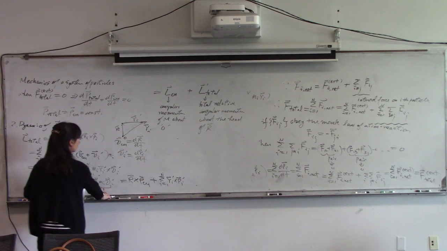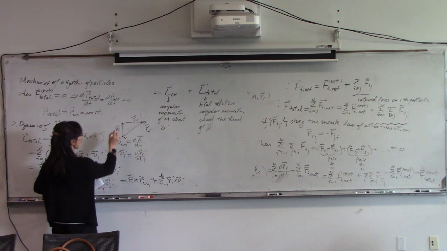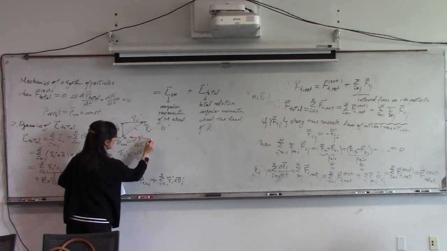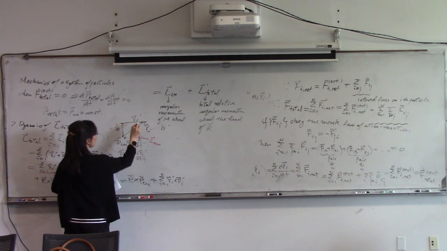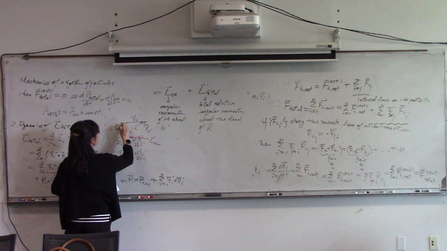So now you will see I have two angular momenta. One is the rotation about O, which gives us L_CM. The other is all the particles' relative motion about this center, so that is L prime total.